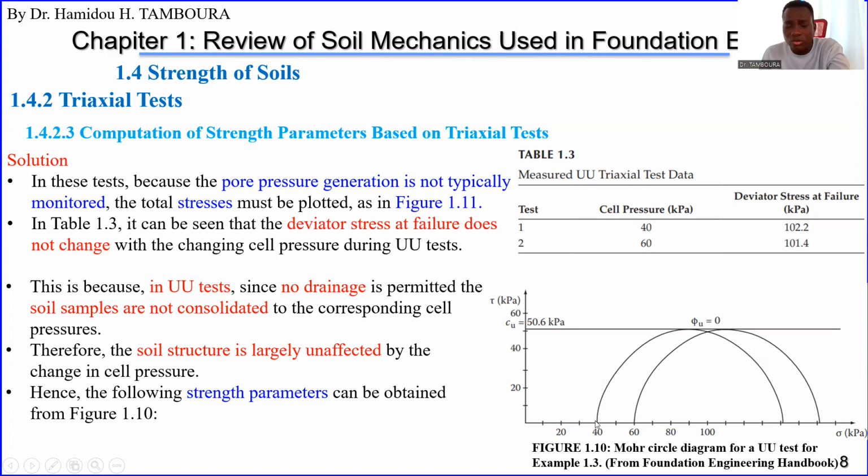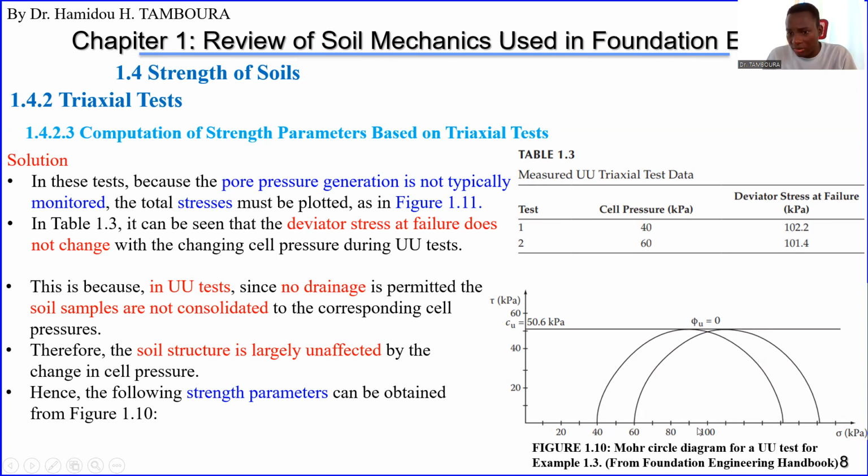So for this first test, 40, it will be here. And then if you want to have sigma 1 on this axis, you just add to 40 the 102.2, so it's just addition. It will be 142.2. That's why you will be around here. 100 is here.